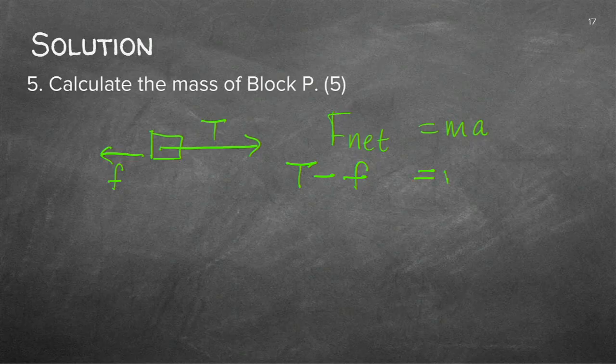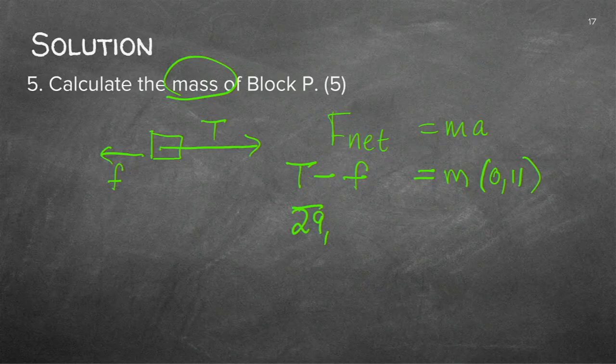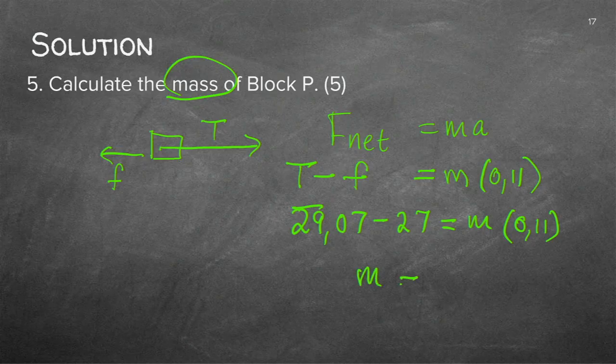The block mass we don't have. That's what they're actually asking of me. But we do have the acceleration. In this calculation, we've got the T. We just calculated it just now. We've got the friction. We've got all of the values except the mass. And I calculated the mass as 18.82 kilograms.